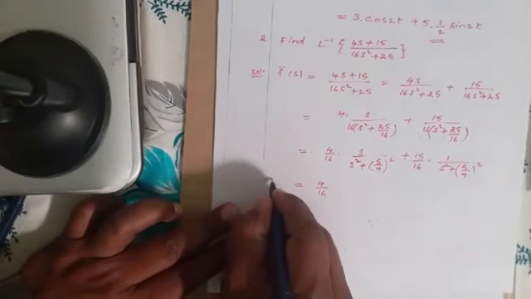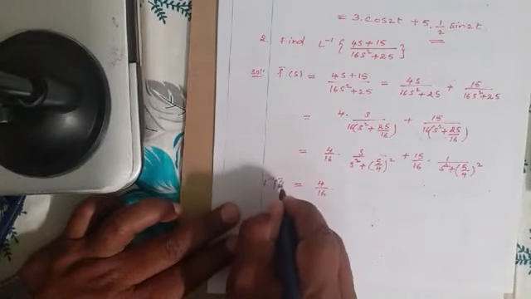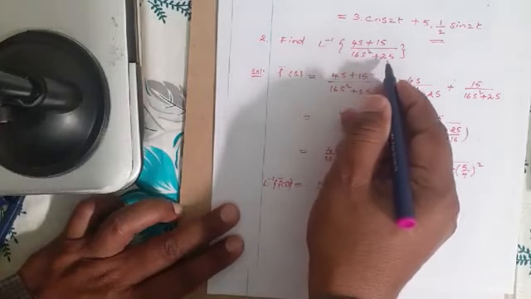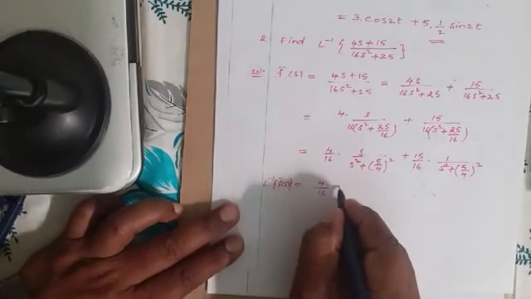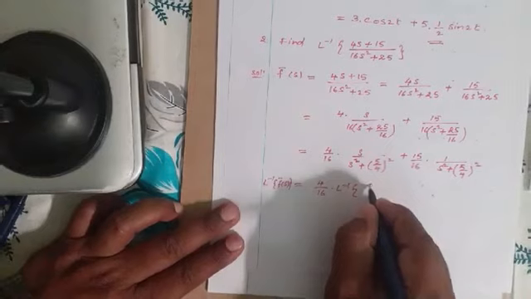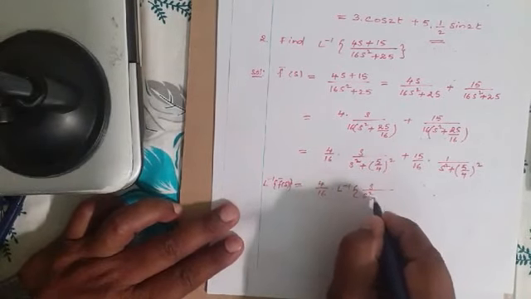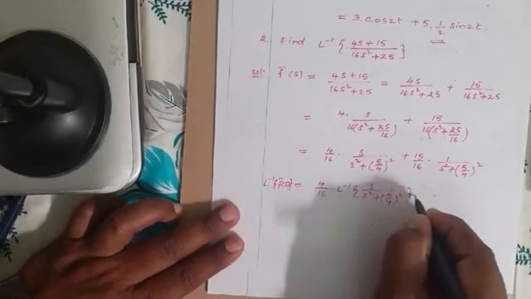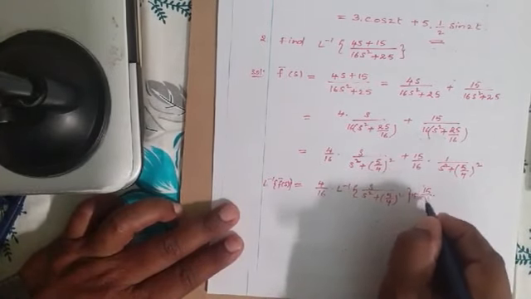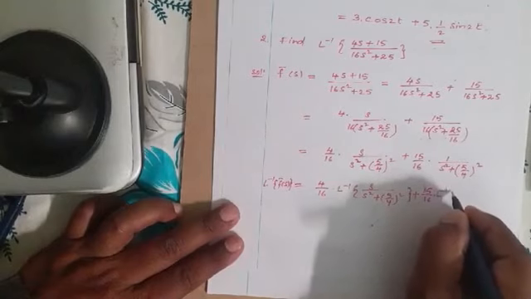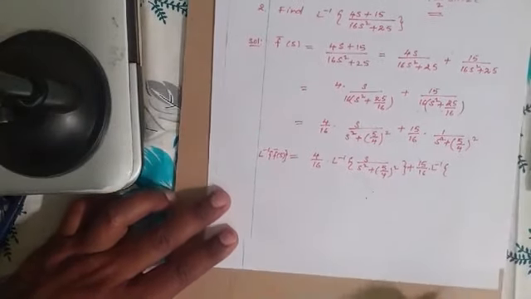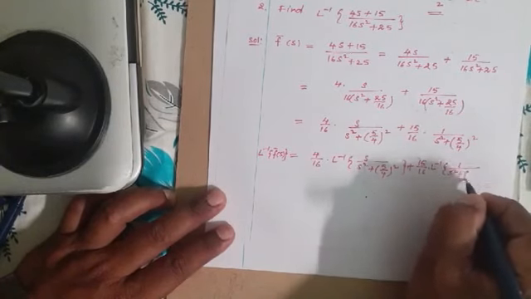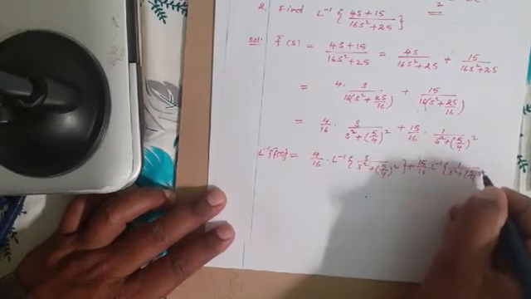L inverse of f bar s, that is 4s plus 15 by 16 s square plus 25, is equal to L inverse of s upon s square plus 5 by 4 whole square, plus 15 by 16 L inverse of 1 upon s square plus 5 by 4 whole square.